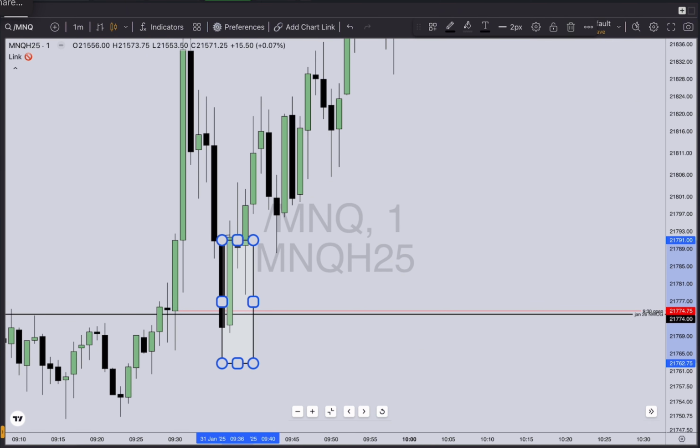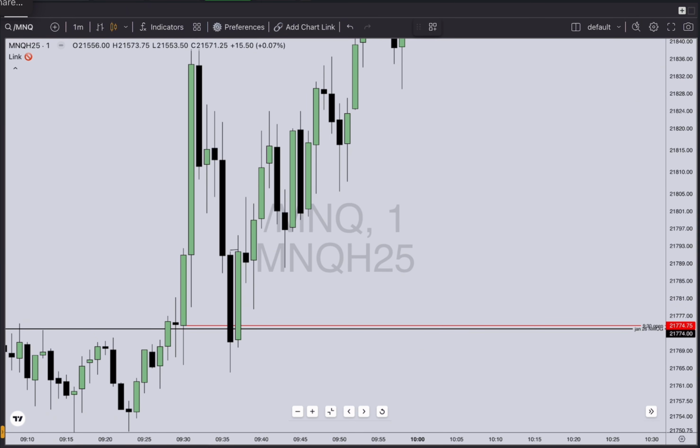And then we can see here how we traced into it, respected it, and then pushed. Here, the order block is still only this. So we can see here how we retraced into it once again.